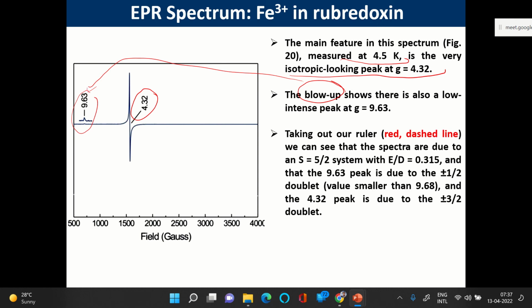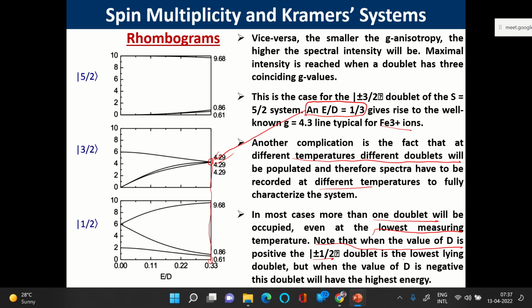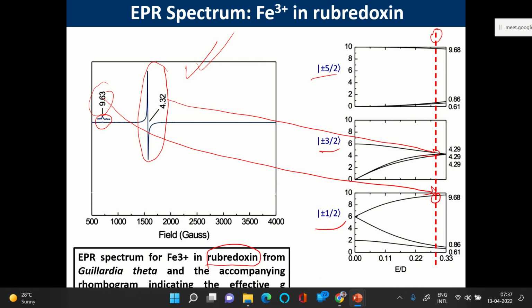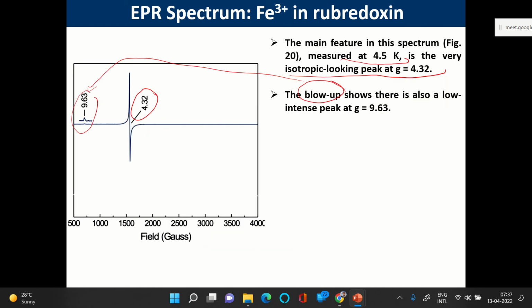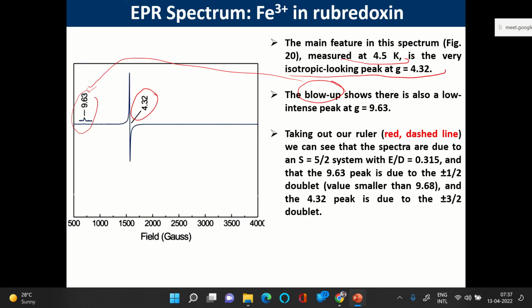The red dashed line, which we saw in the previous picture, is the ruler that I talked about earlier. You just move it left and right and find where everything matches up with the experimental details. That gives you your E by D value.